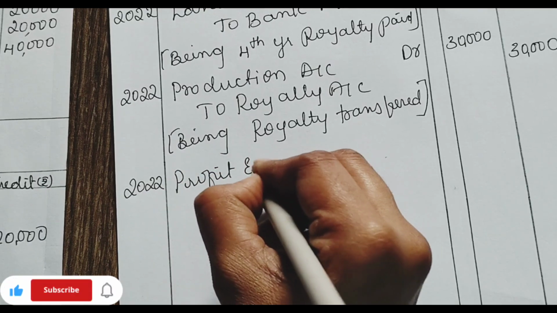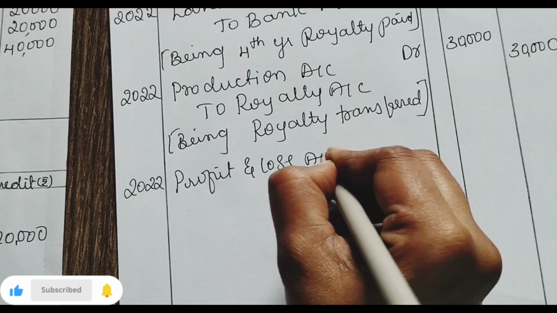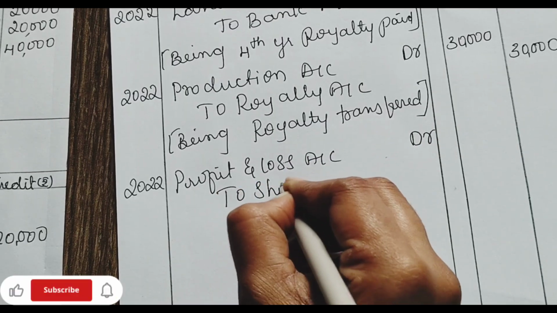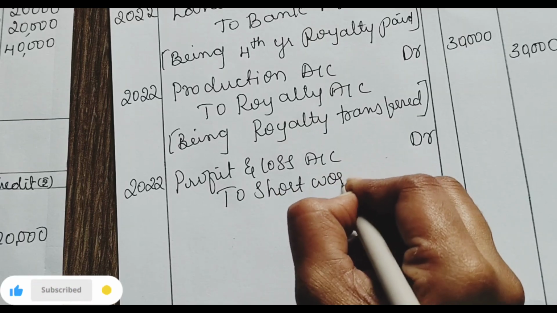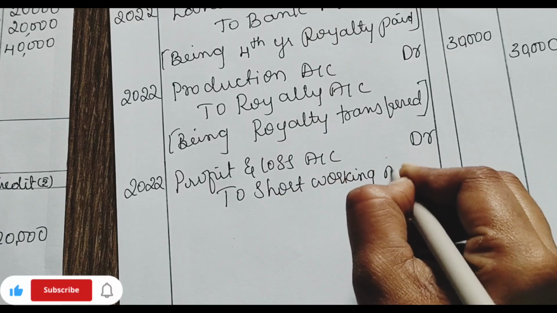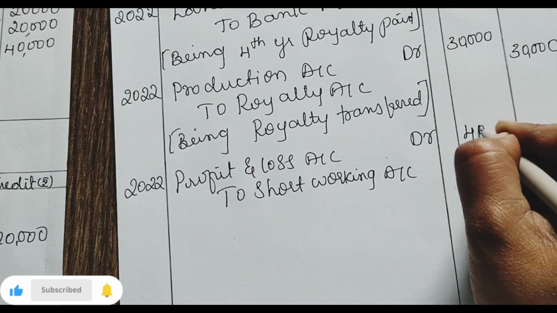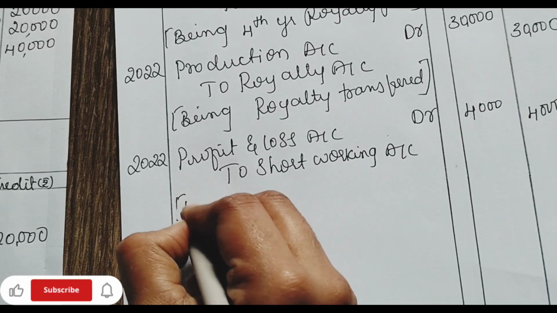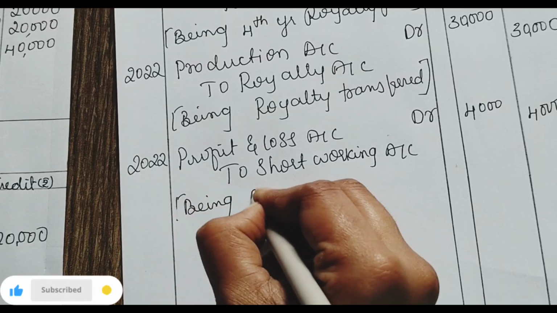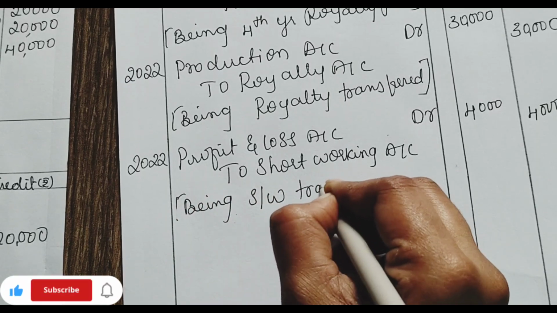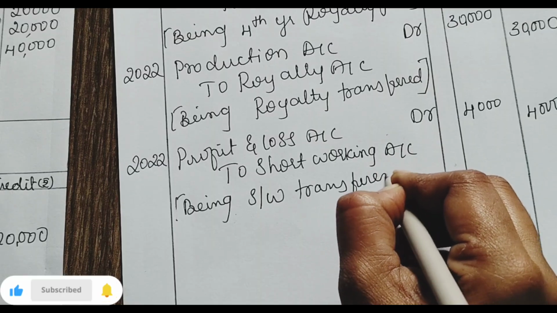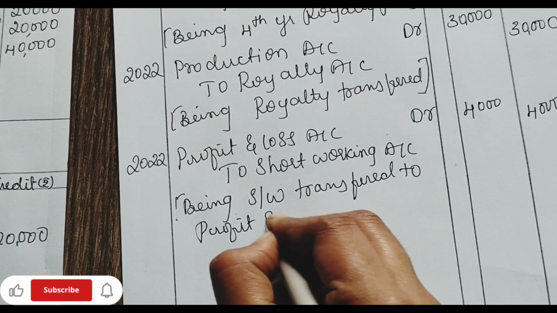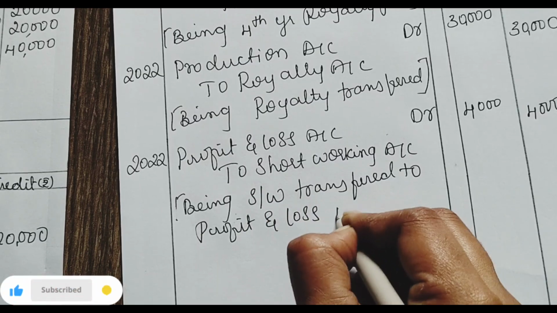Profit and loss account debtor to short working account, 4,000. Being short working transferred to profit and loss account.